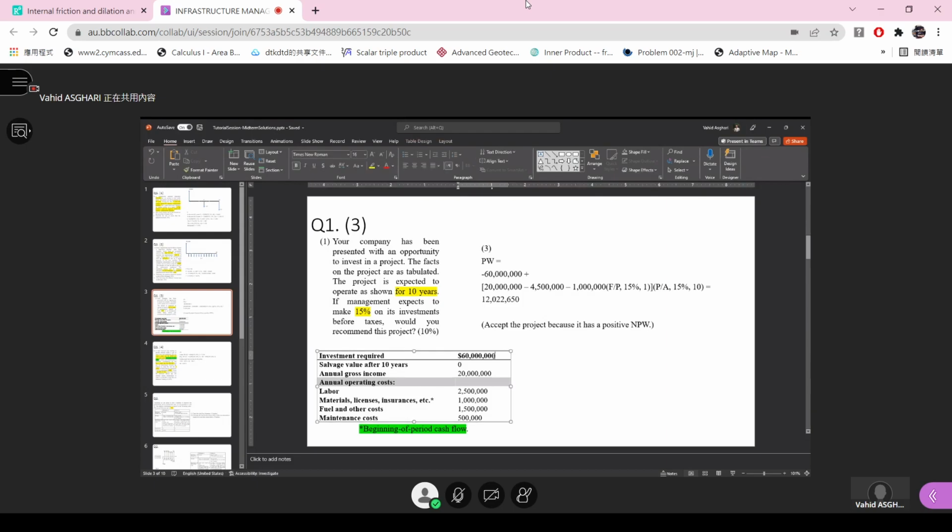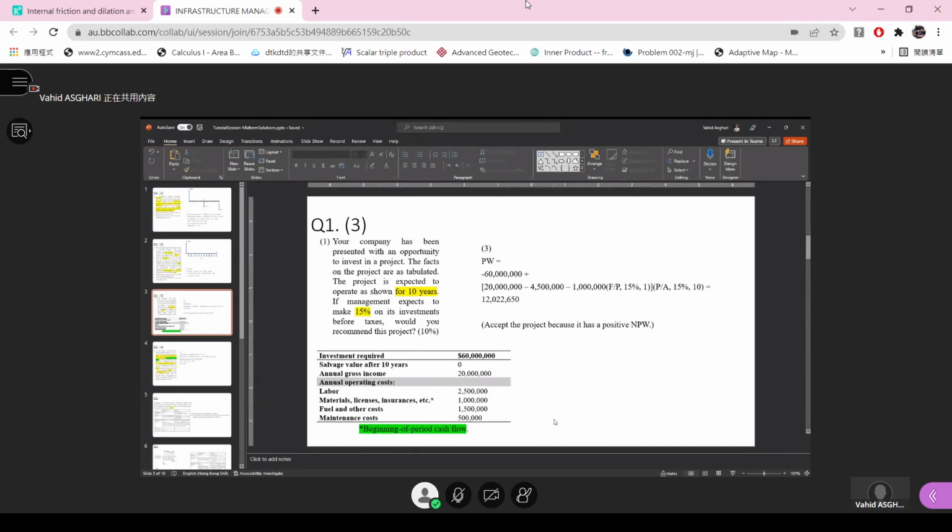I didn't draw this cash flow here because I thought this is quite easy. There was only one single tricky point in this question, which was this star here: materials, licenses, insurances, etc., $1 million beginning of period cash flow.